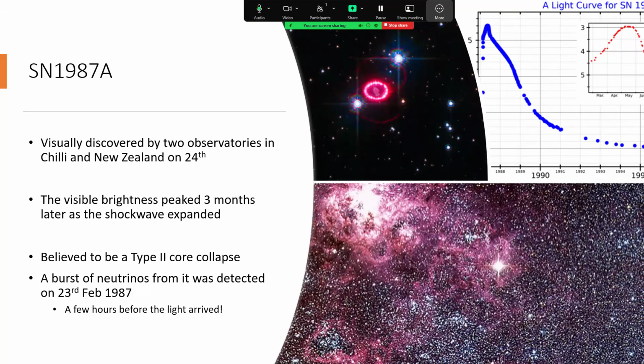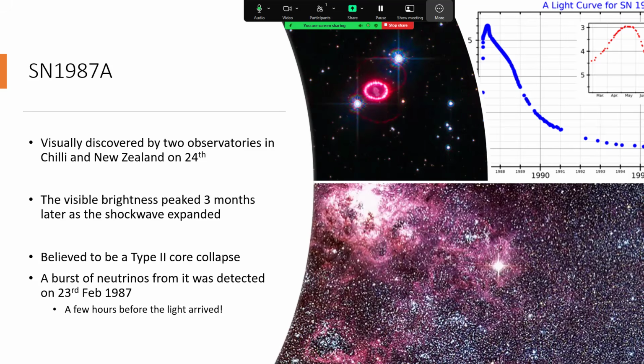When you have a larger disk, even if it's cooling, the larger size means more radiation overall is emitted, even though it's less bright for every square meter. There are just so many more square meters. They get brighter for a while until they start cooling off. And then the light curve shown at the top right there declines downwards.